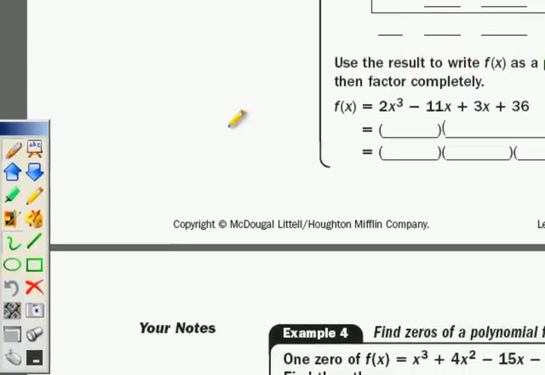If I factor 2x cubed minus 11x squared plus 3x plus 36 completely, given that I'm telling you x minus 3 is a factor. Maybe you found x minus 3 as a factor by yourself, maybe you went on your graphing calculator and you found that when I graph this thing, let's take a look at that real quick.